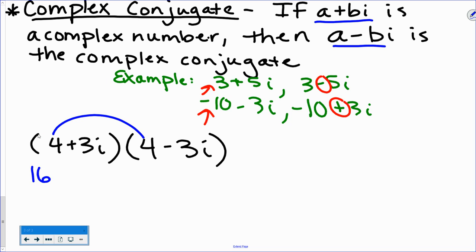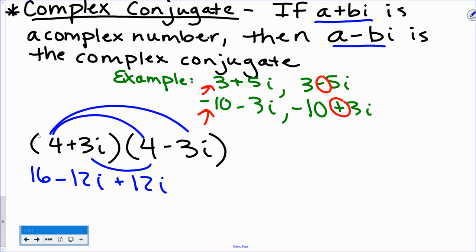I get 16 minus 12i plus 12i, and my last term is minus 9i squared. My negative 12i plus 12i cancel each other out. That's always going to happen if we have the same exact thing in each set of parentheses: if you switch that sign in the middle, it's always going to cancel out.